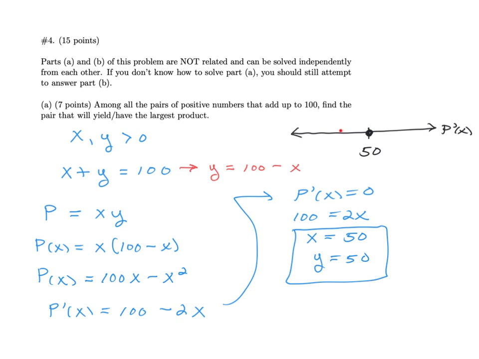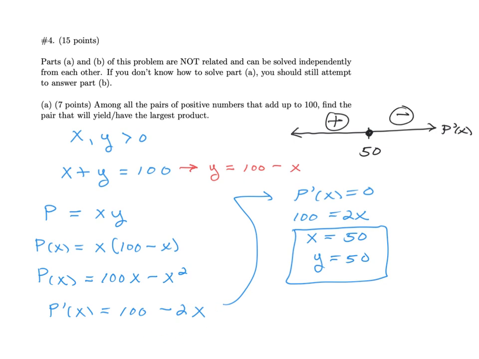For example, if you put, let's say, 49 in place of x, well, 100 minus, if you double 49, it's going to be less than 100. You get a positive number. So this is positive. If you put a number that's greater than 50 into the derivative, like 51, you'll get a negative number.